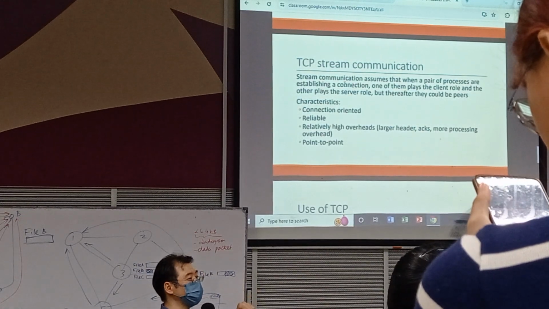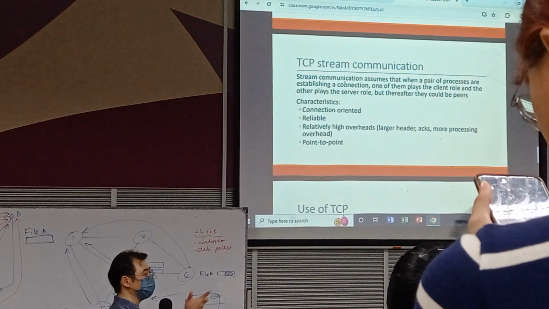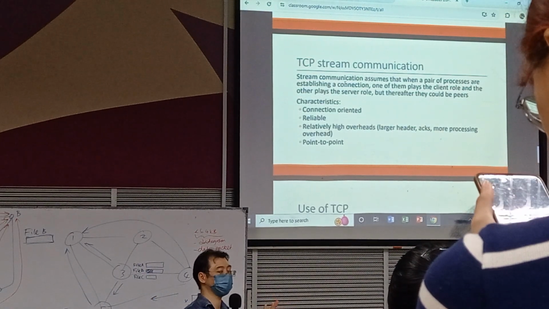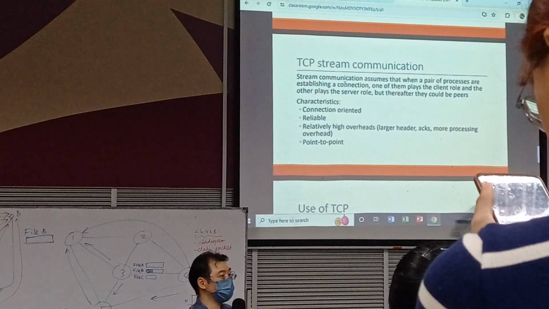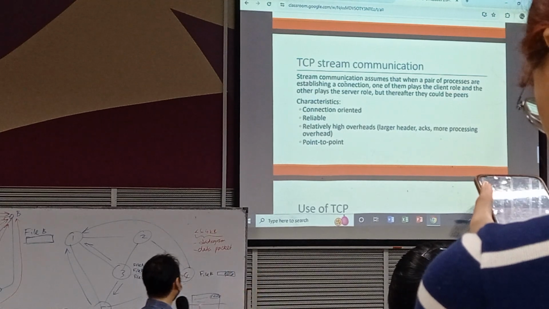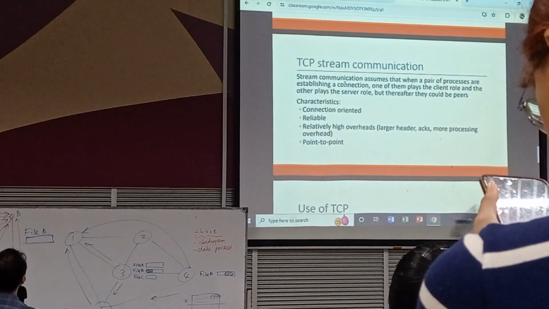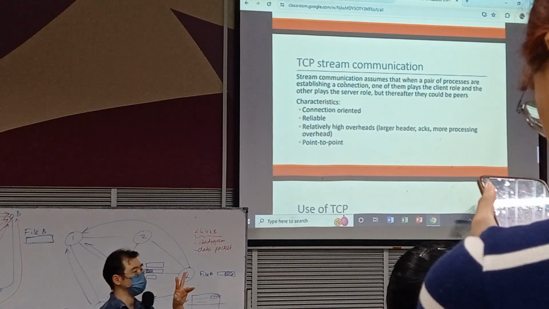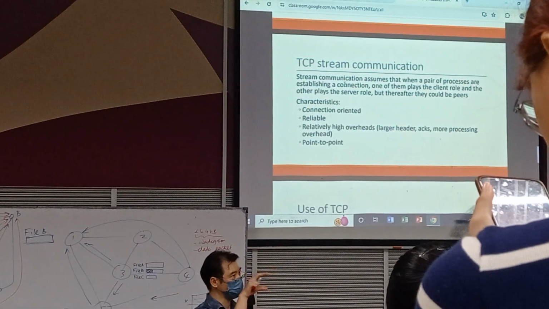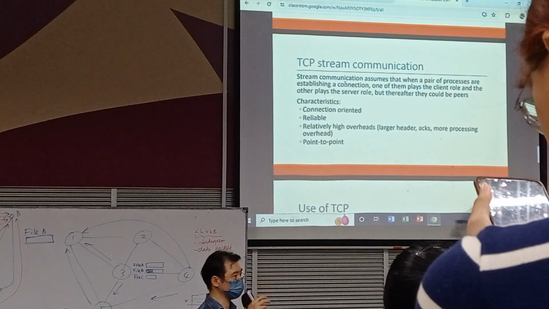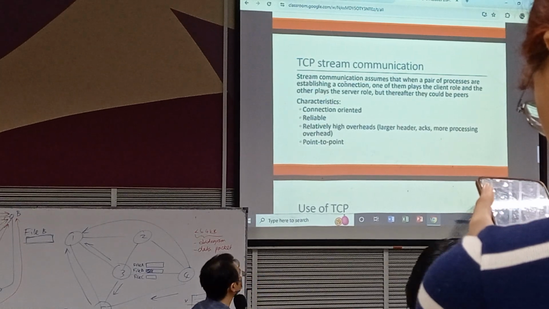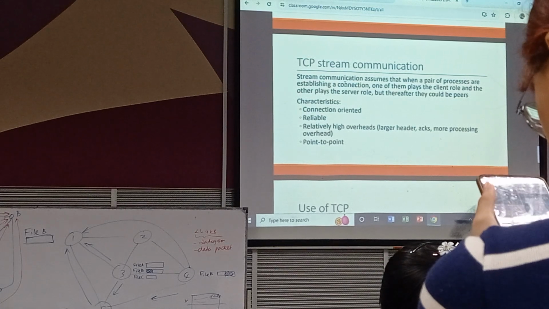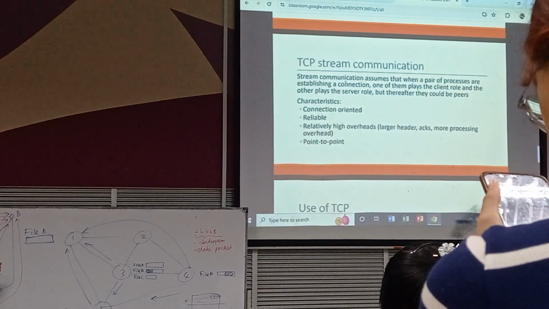If you don't put a number, the receiver will think the one that arrived first is the first part of the data, which is not right. So you have to put a number there, and TCP uses that number for two things. First, to know how to order the packets so that you can piece them back together. Second, to tell the sender whether it has received them or not.